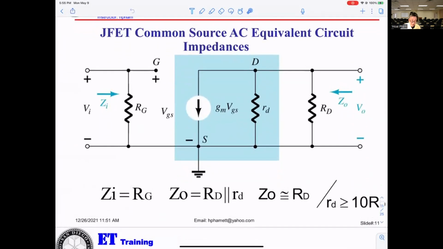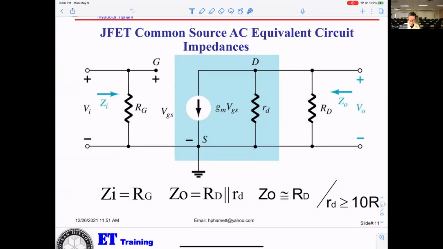Okay, so now this is just a summary. Input impedance, RG. Output impedance, you get RD only, in parallel with the internal rd, but we don't want the internal one. So in this case, output impedance equals only RD. They put in here that if RD is greater than or equal to 10 times rd, then ignore that.